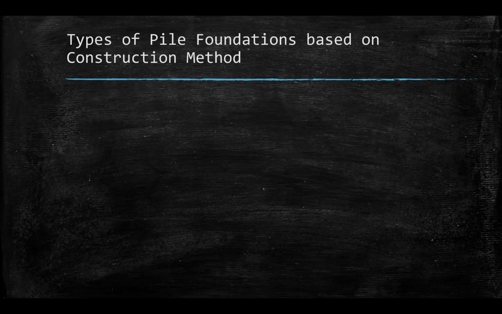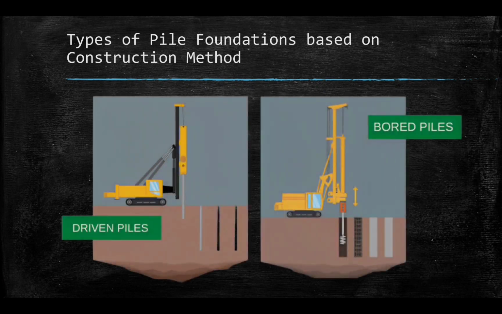Next, we also have the types of pile foundation based on construction methods. So, there are two types of this construction method. The first one, sa left side natin, we have the driven piles. So, sa driven piles, kung i-relate nyo sa ibang bagay, para siyang pako.